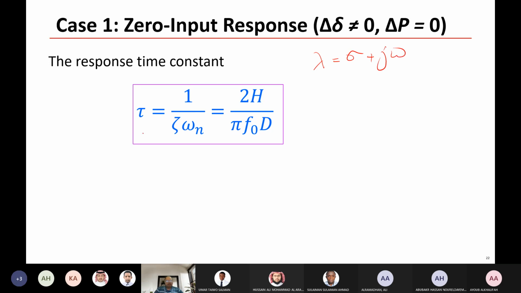This represents the time constant. We have zeta already in terms of H and D, and you have omega n. So the time constant of the system response will be equal to 2H over omega 0 D. This is the time constant.